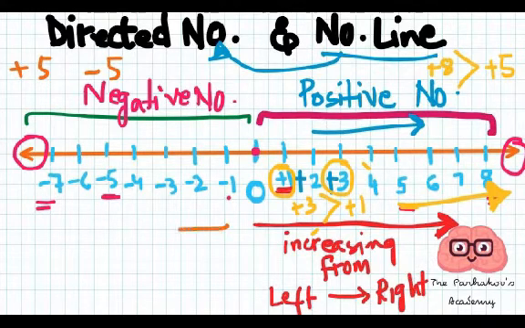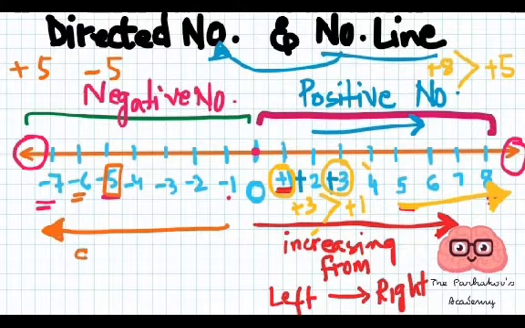As we are moving from right to left on the number line, on the negative side, numbers are magnitude-wise increasing, but the direction is actually decreasing the number.